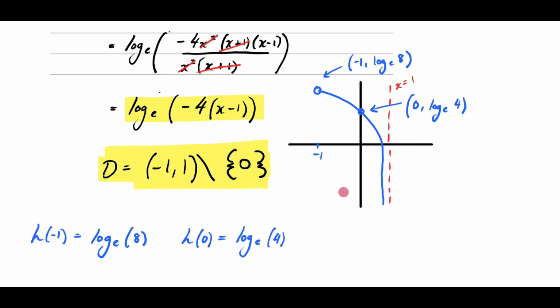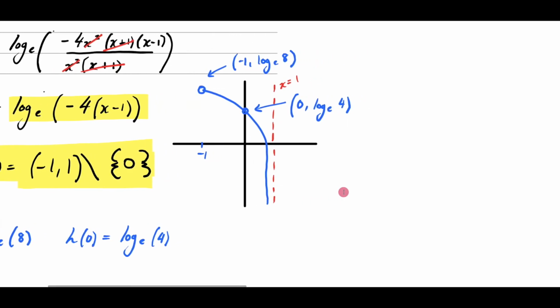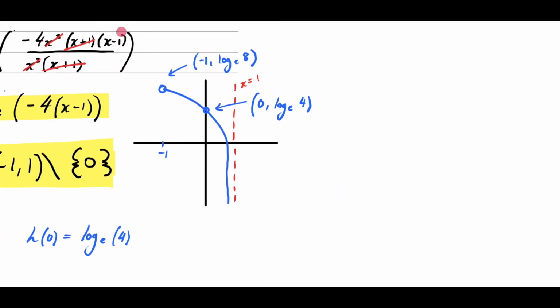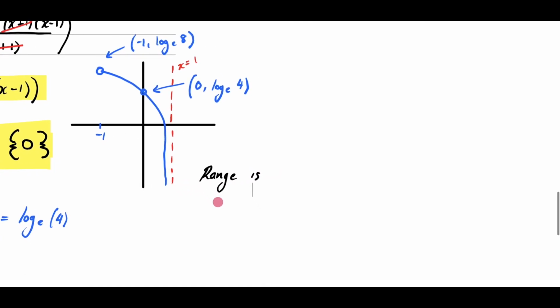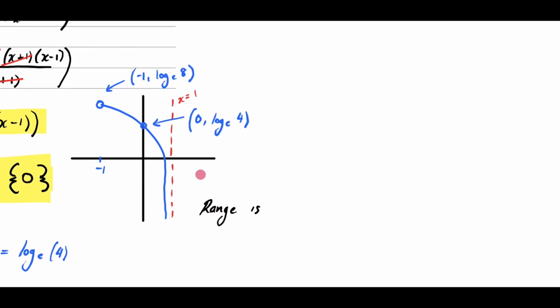All right, so now that I have that, I can write down what my range is going to be. So what is my range? Well, if we think for a moment, we're looking at our y values. Obviously, it's going from -infinity all the way to, we know that this point is where it stops, and that's log e of 8.